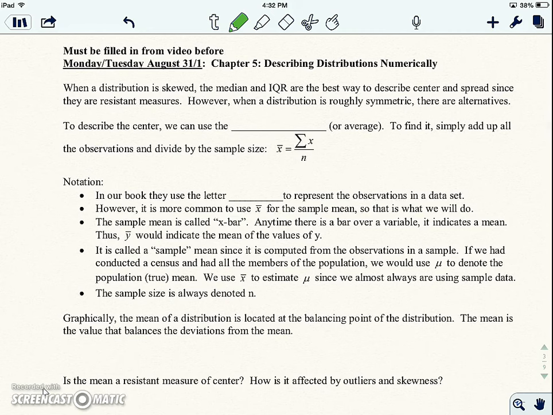When a distribution is skewed, the median and IQR are the best way to describe the center and spread since they are resistant measures. I can't say that enough. However, when a distribution is roughly symmetric, there are alternatives. To describe the center, we can use the mean, or synonymously, the average.